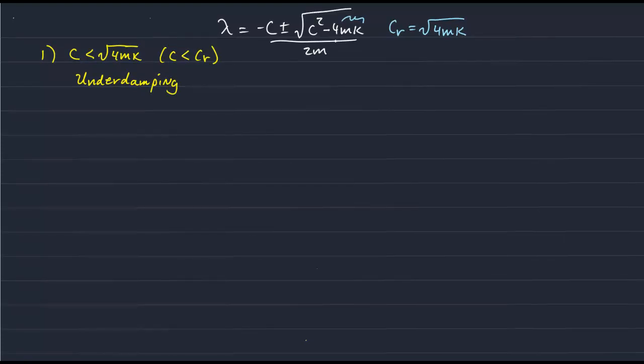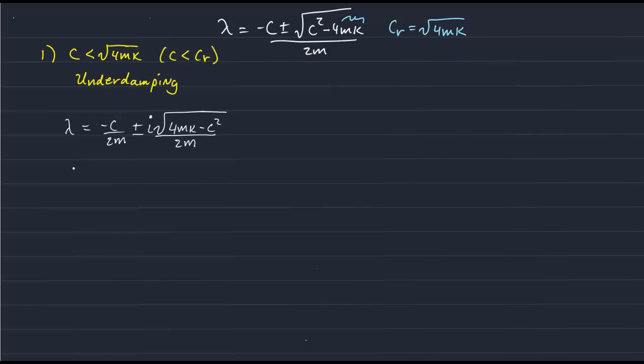So when c is less than this critical value, what's under the square root is negative, and when we take the square root of a negative number, we get a complex root. So lambda is equal to minus c over 2m plus and minus i, the square root of negative 1, times the square root of 4mk minus c squared over 2m.